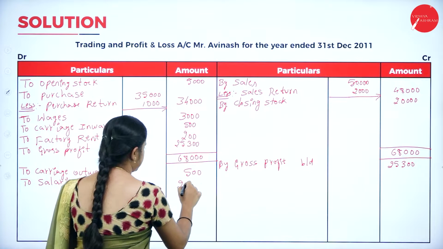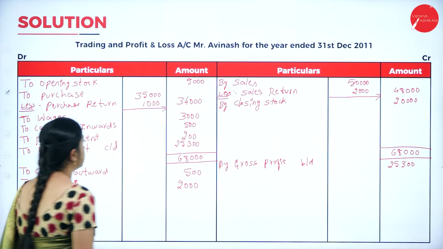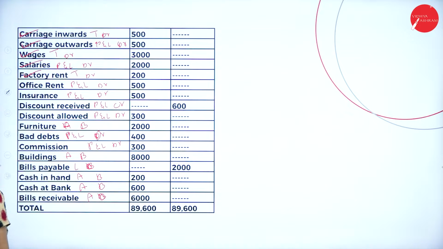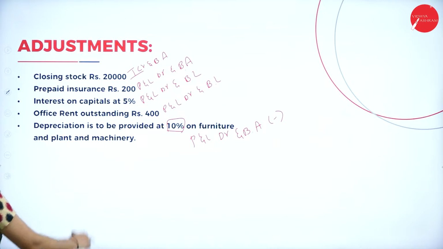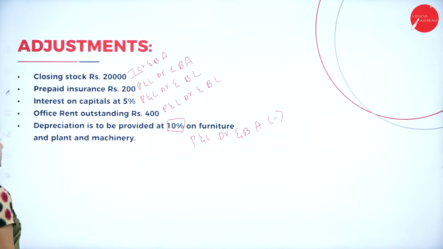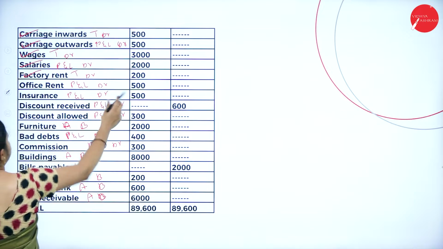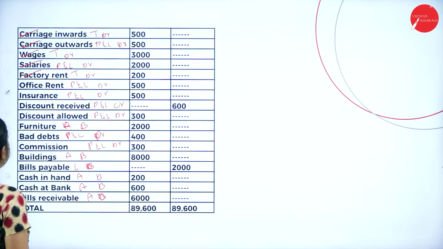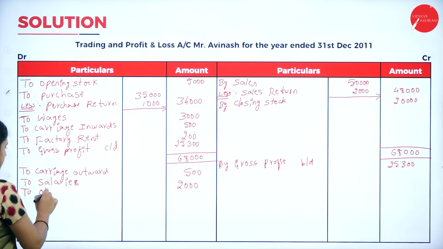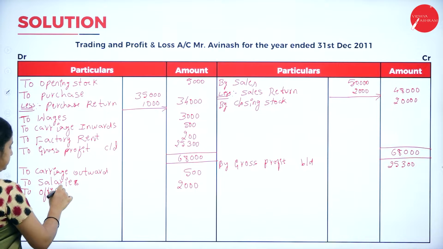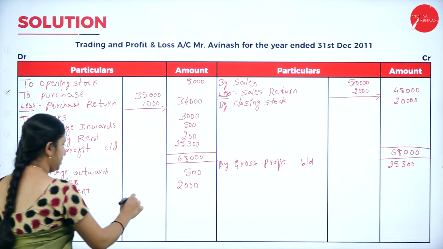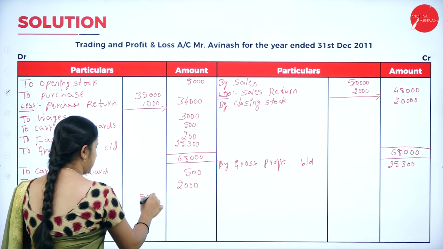Next, office rent. For office rent, we have an adjustment: outstanding office rent of rupees 400. So first write office rent 500 in the inner column.